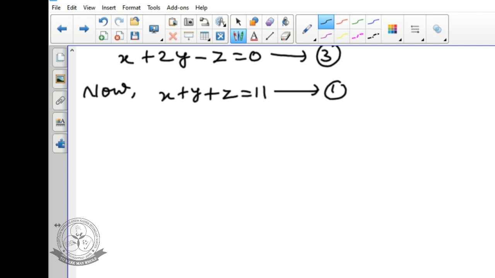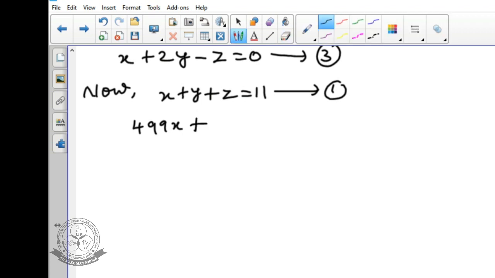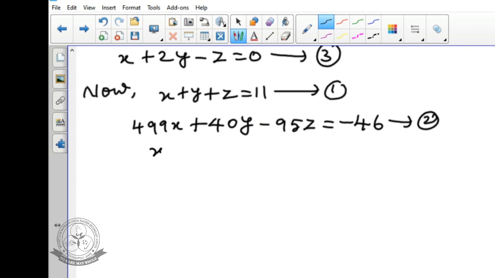The second equation is 499x plus 40y minus 95z equals minus 46, that is equation number 2. The third one is x plus 2y minus z equals 0, that is equation number 3.